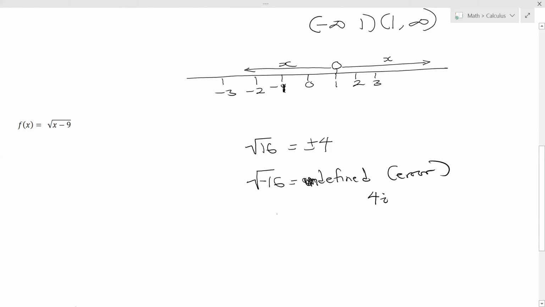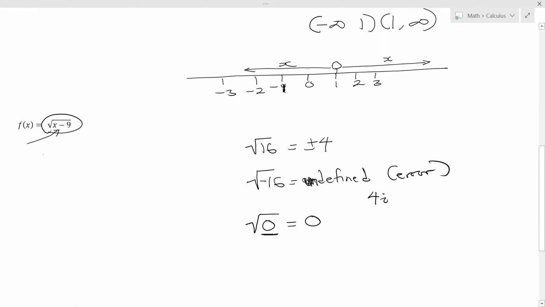And then what will be the square root of 0? The square root of 0 is 0. Now, to find the domain of a square root function, it means the value inside here cannot be a negative number. It can be 0. It can be at least 0 or more.